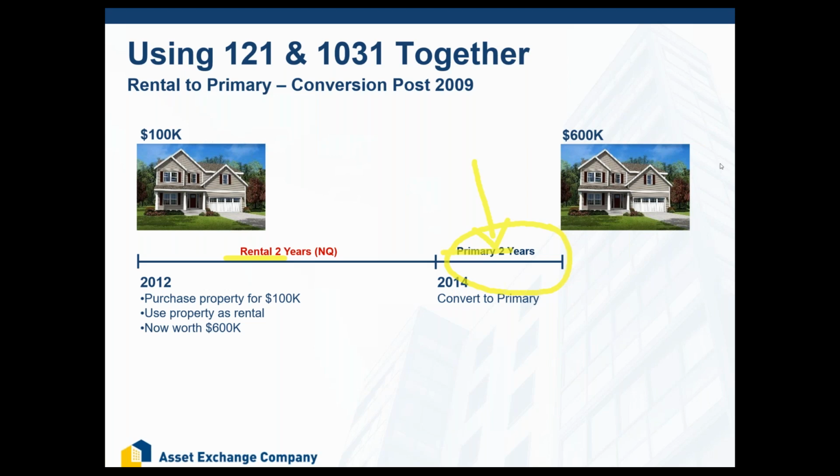Let me explain that. Pay attention, guys. How many years have I owned this property? Okay, I've owned it for 4 years. 2 years as a rental and 2 years as a primary. All right, so 4 total years of ownership. 2 of the years were rental and 2 were primary.